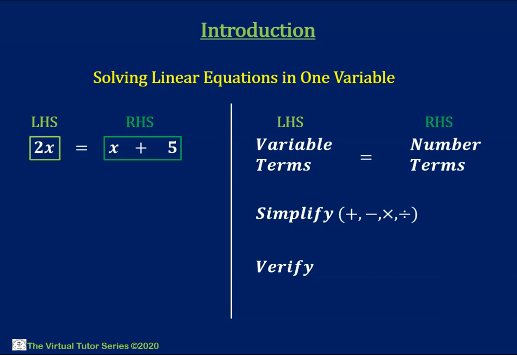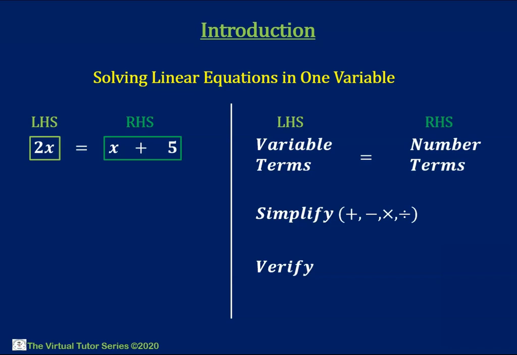So to be able to solve the equation 2x is equal to x plus 5, we first need to have the x terms at the left-hand side and the number terms at the right-hand side. The easiest way to do this is to subtract x from both sides of the equation.